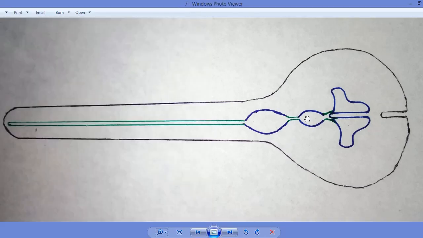The ductus Sylvius or cerebral aqueduct is also a channel in between the third ventricle and fourth ventricle. These connect the two ventricles.